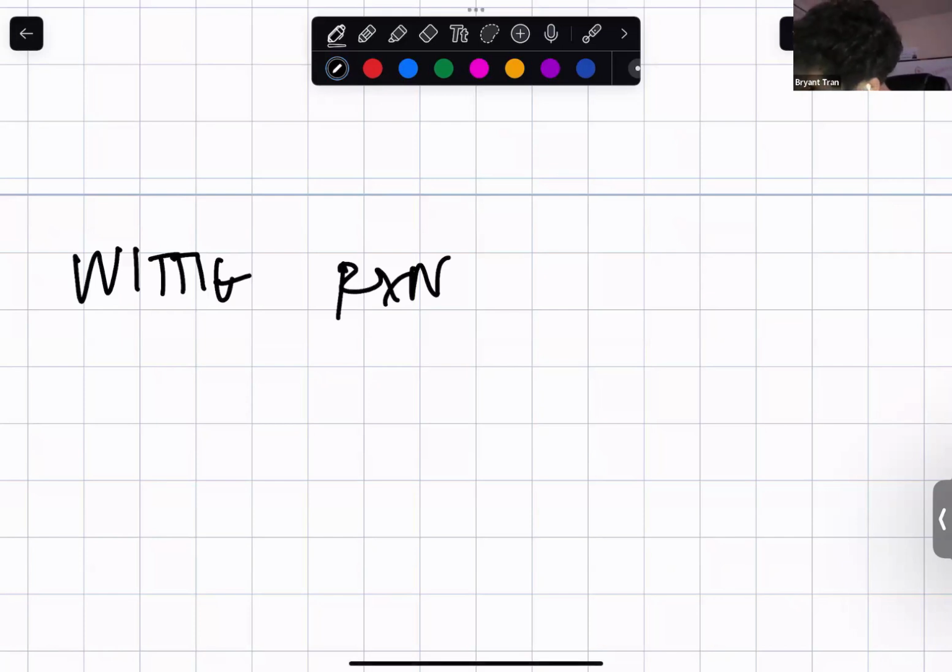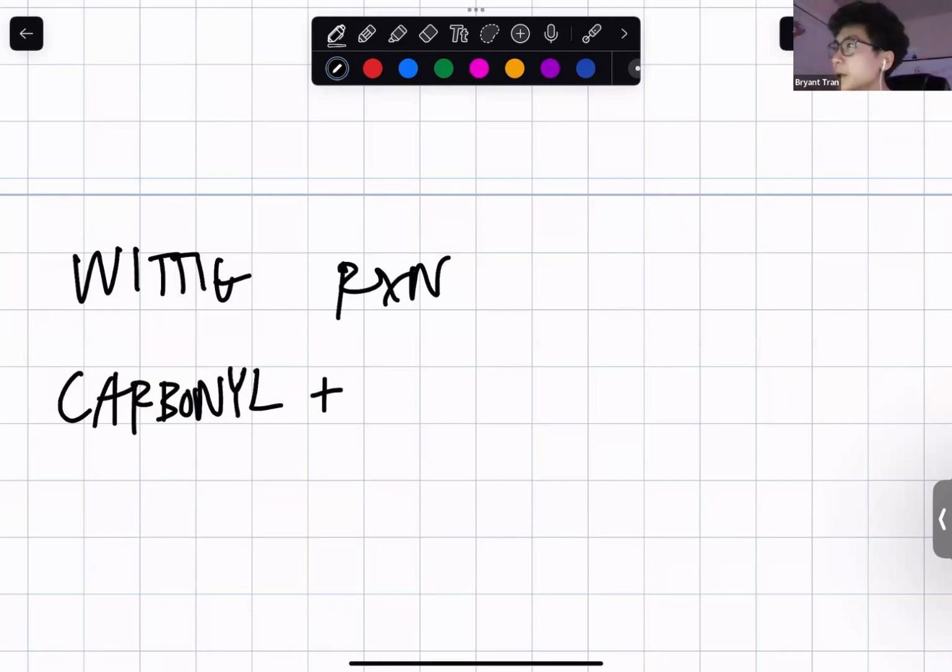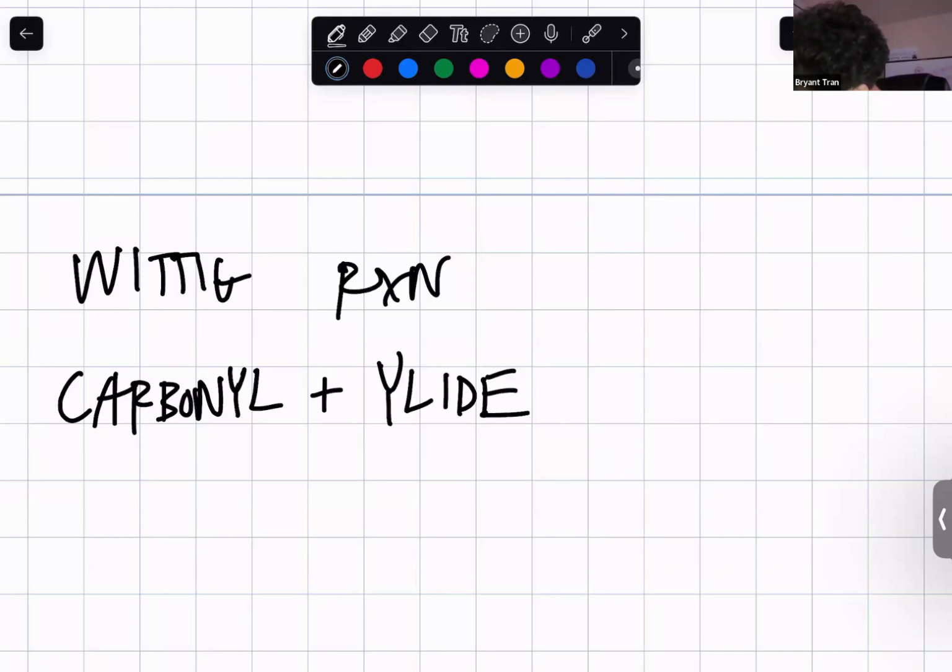The Wittig reaction is going to be two reactants. You can have a carbonyl plus something called an ylide, and that's going to give you an alkene.